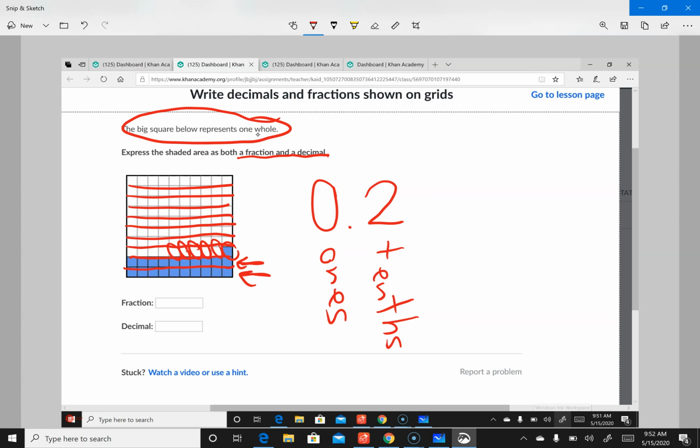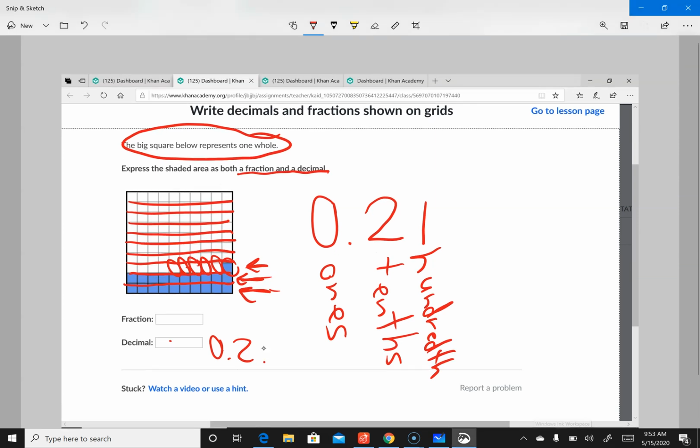So there are 2 tenths there and there. And then there is one more hundredth here. So we'll put a hundredth in this spot right here. Here's 1/100th. So our decimal is going to be 0.21, or 21/100ths.